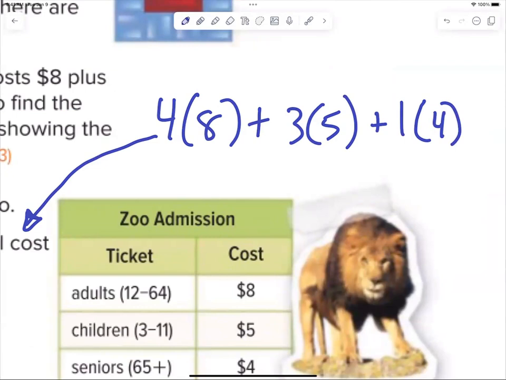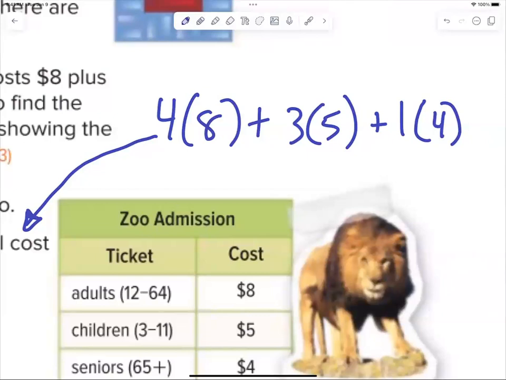Anybody else? 51. 52. 51. Talbot, what did you get? Luca? 51. Levi? Brooklyn? 51. All right, I'm happy with 51.